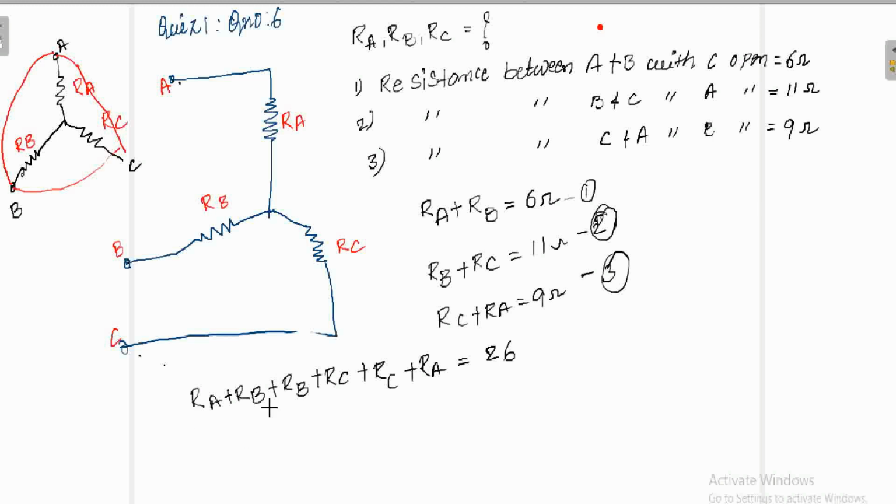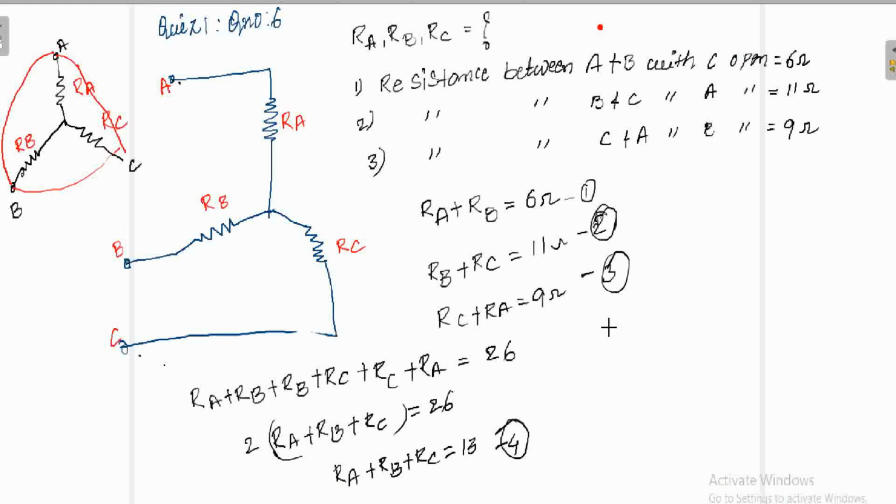RA is repeated 2 times, so you can write 2 of RA plus RB plus RC is equal to 26. From this RA plus RB plus RC is equal to 13. Let us write it as the fourth equation.